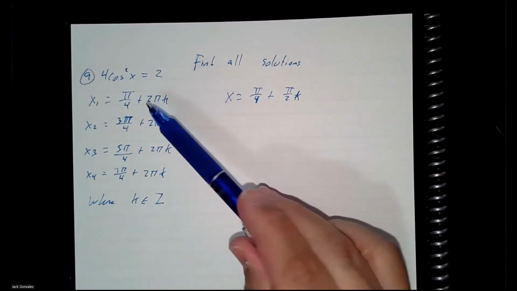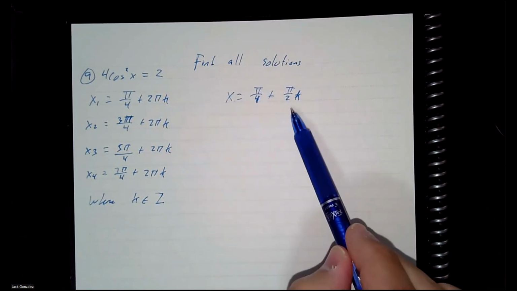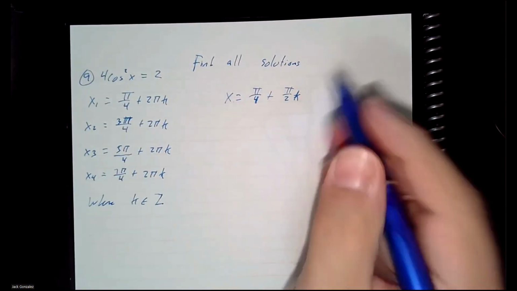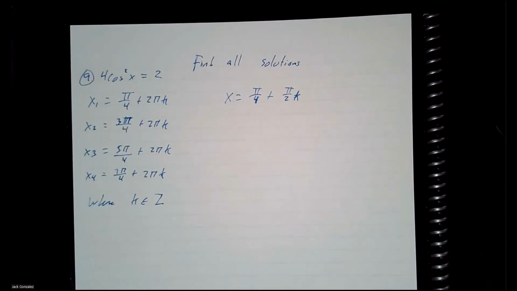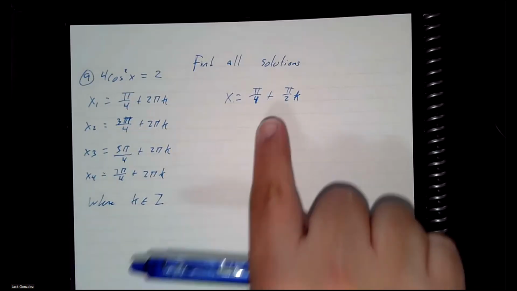Just jump from here to here. It's 90-degree jumps. So you can sum it all up into one if you want. If you look at your circle, it should be clear, right? From here to here is pi over 2, pi over 2, pi over 2. So I can do pi over 2 forever and still land on those 4 spots. So you can sum it up like this.